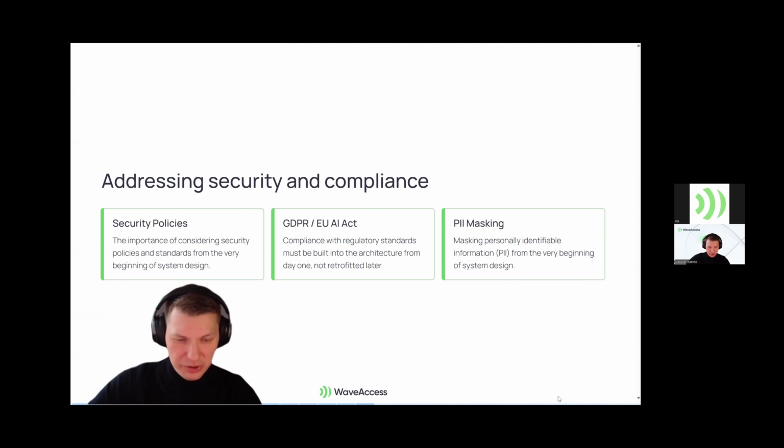Another point is GDPR and the EU AI Act, which also have fines for data loss and for not following GDPR. And of course, if you work with private health information, private data is very important.